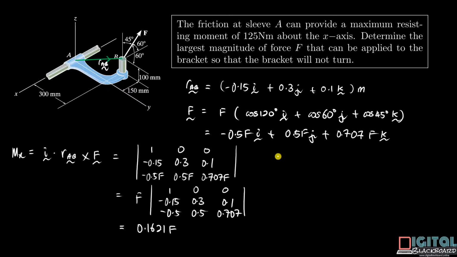For the last part, this applied moment has to be less than or equal to 125 Newton meter so that the bracket will not turn. So writing it down, Mx equals 0.1621F has to be less than or equal to 125 so that the bracket will not turn.